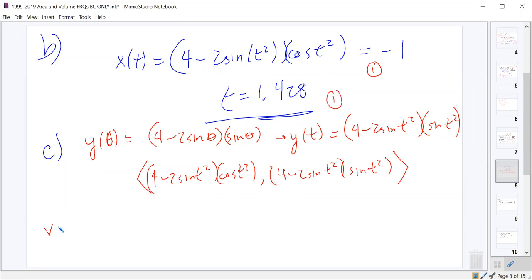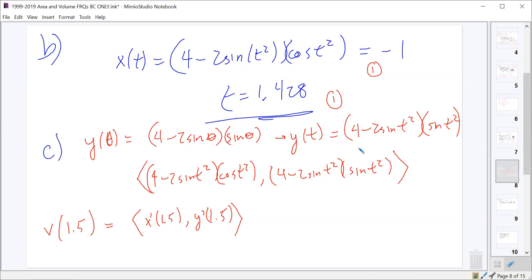And our velocity vector at 1.5 ought to just be x prime at 1.5 and y prime at 1.5. And your calculator will tell you what both those values are.